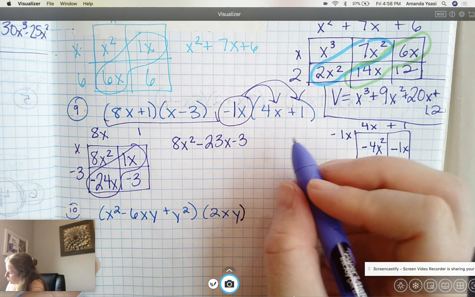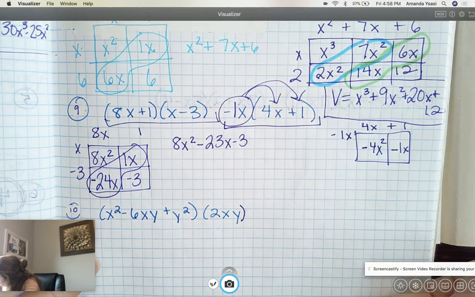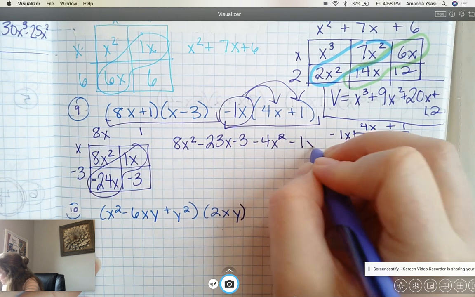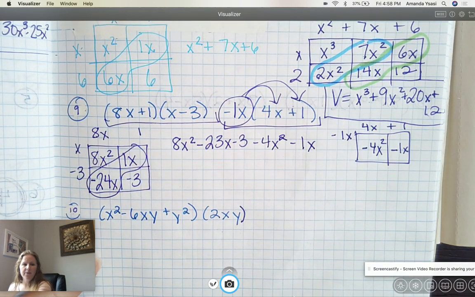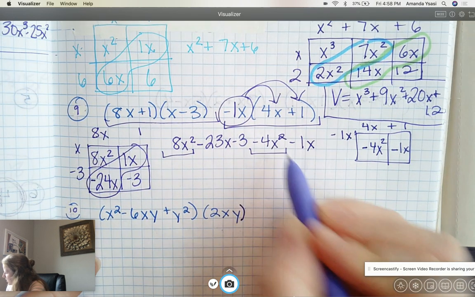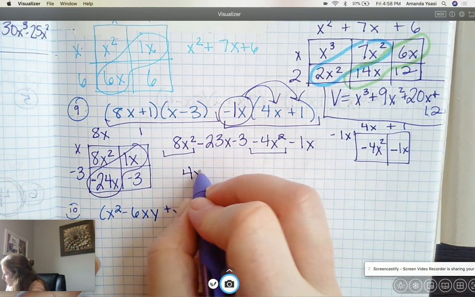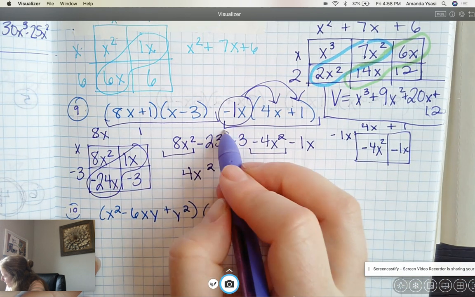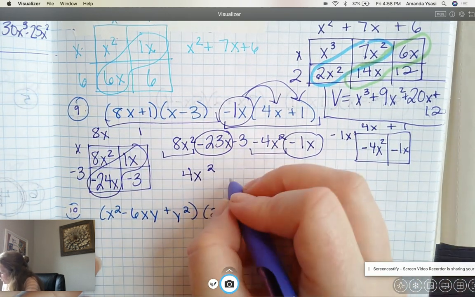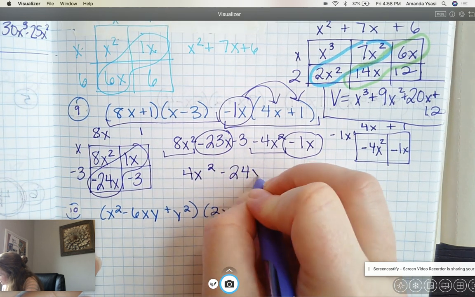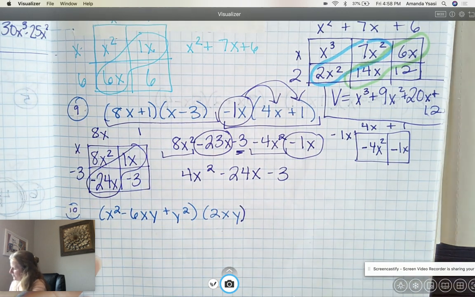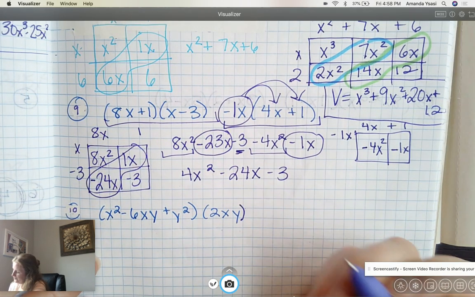So that's what we'll write in place of this. So negative 4x squared, negative 1x. Then I would combine like terms. I have an x squared here and an x squared here, making that 4x squared. Then I have negative 23x and a negative 1x, making that negative 24x. And then just minus 3 by itself. Okay. So that is the most simplified version.